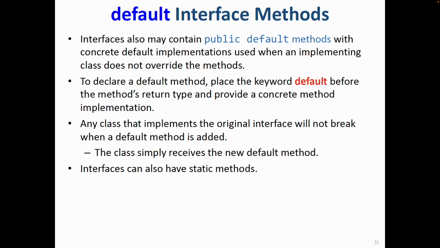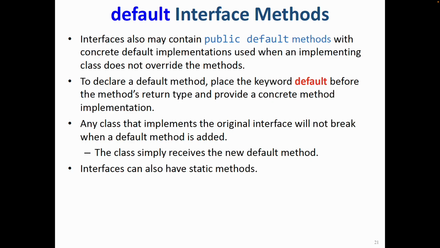Now, default interface methods are a relatively new topic for interfaces, because when I was a student, this was not possible. In earlier versions of Java, you were not able to define any methods in interfaces. But with the more recent versions of Java, Java changed what an interface is, and now we are able to define some functions in it.